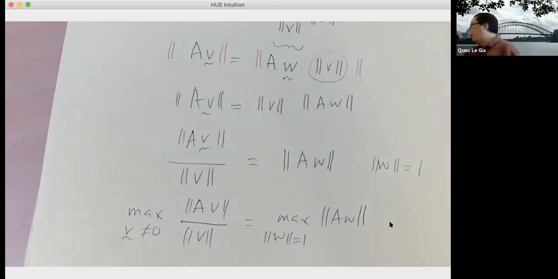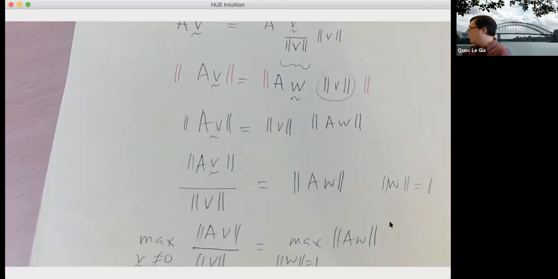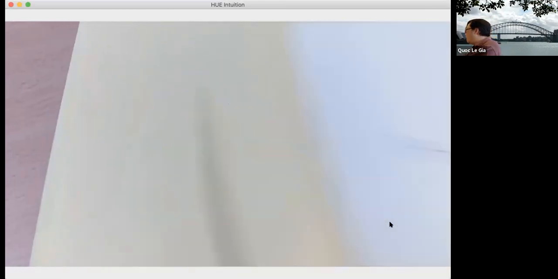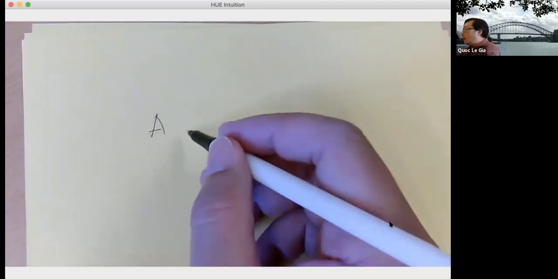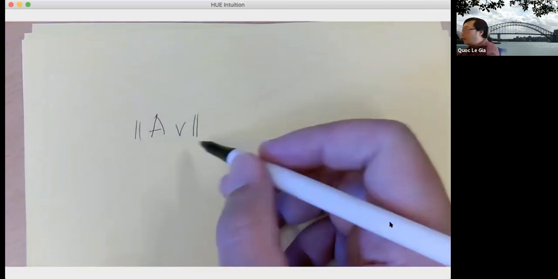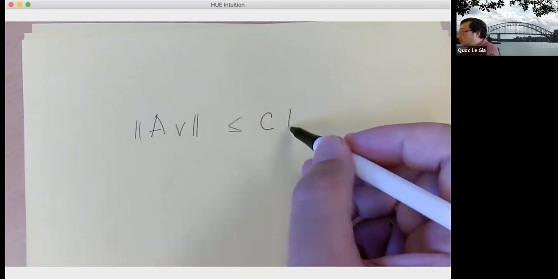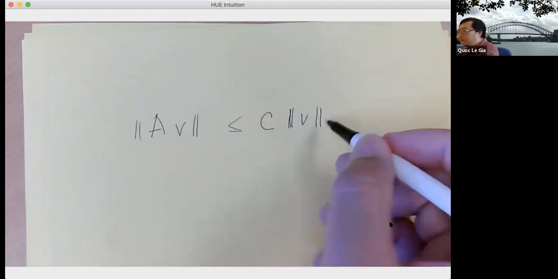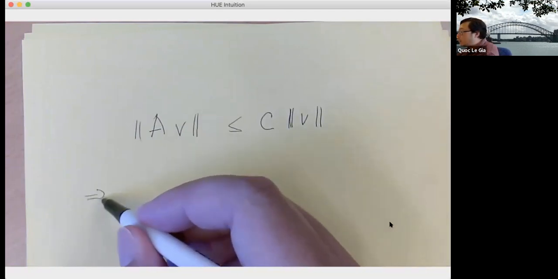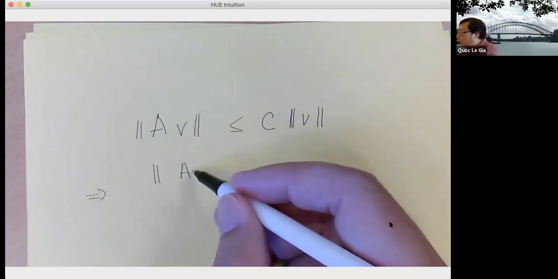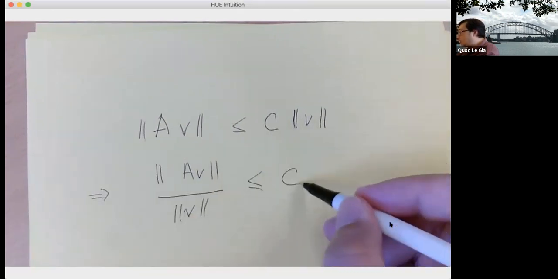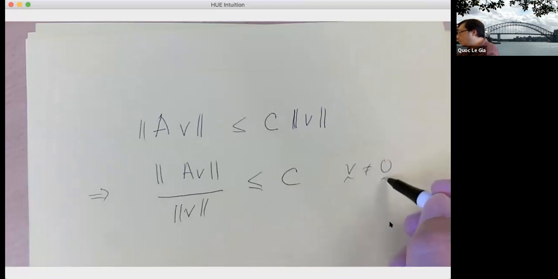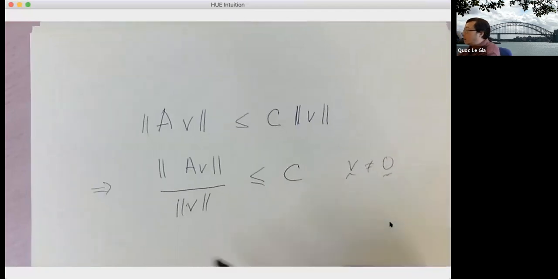Suppose you have the norm of AV less than or equal to C times the norm of V. Then this just means that you can take the norm of AV divided by the norm of V, less than or equal to C, provided that V is not a zero vector.